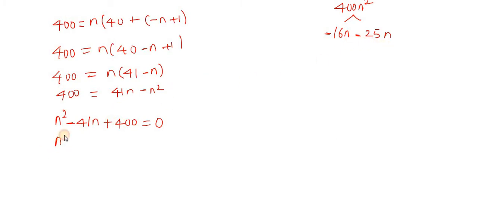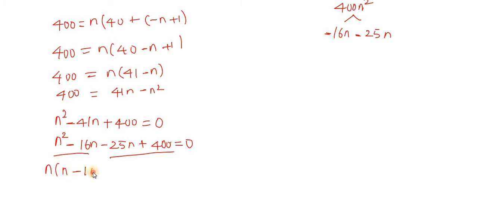So therefore n square minus 16n minus 25n plus 400 which is equal to 0. So in these two, what is common? Just look into this. So here n is common: n minus 16.